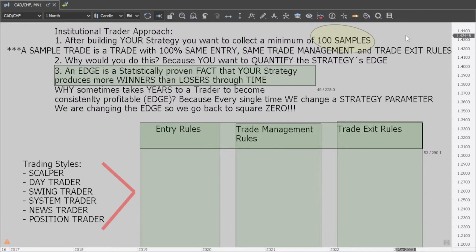Yes, really. Why? Because institutions all around the world are looking for strategy providers, and if you have the numbers that you can show, they are going to throw money at you. Make sense? Yes, really, because 90% of traders lose.